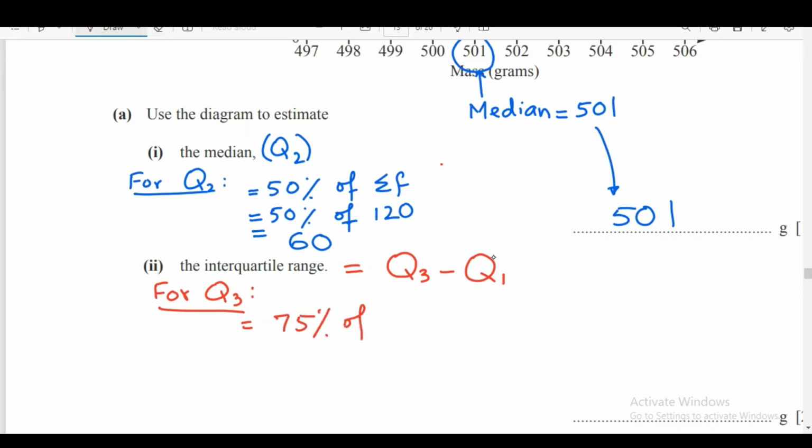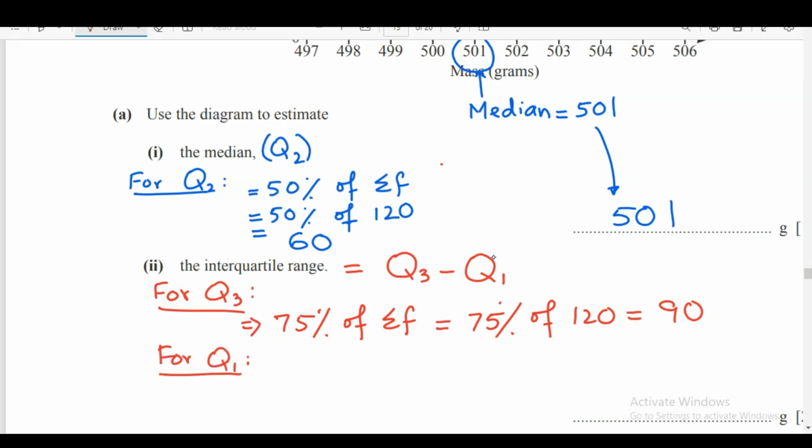The value of sigma f is 120. So 75% of 120 will be 90, and that is for Q3. And for Q1, 25% of 120 will be 30.